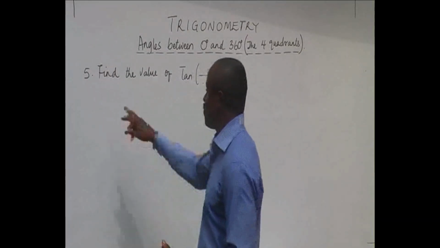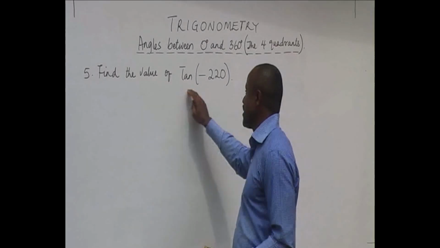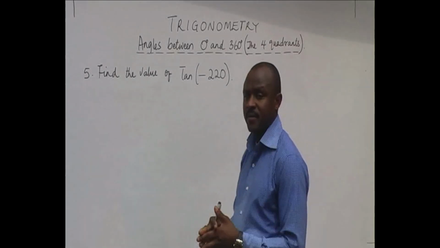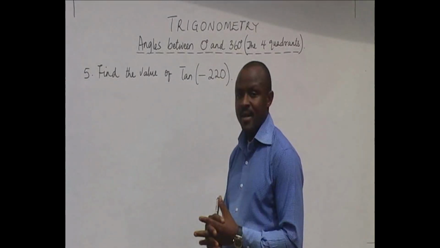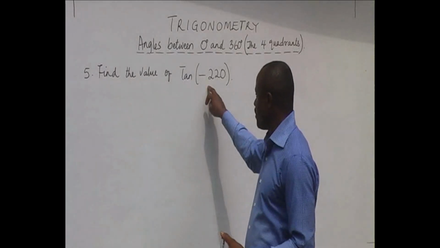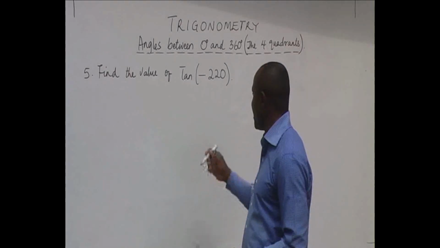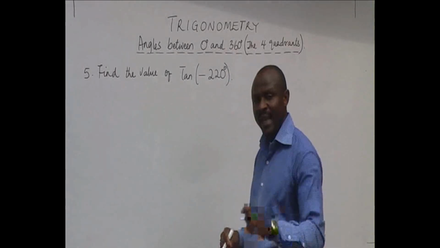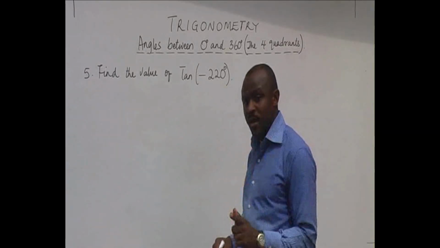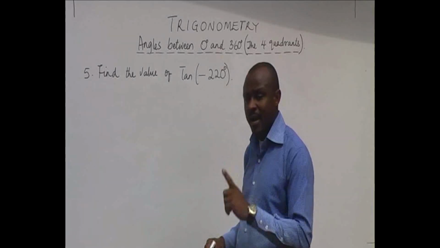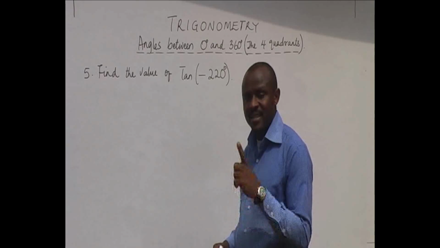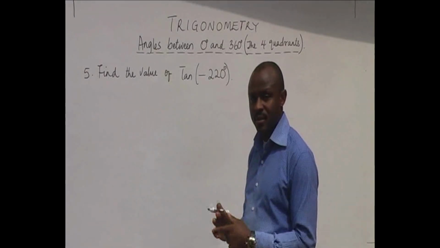Question number 5 said we should find the value of tan minus 220. This is a different concept, a different arena. The value of the angle is given in negative. Any negative angle given to you, the first thing you do is to convert it to a positive angle. And converting it to a positive angle is subtracting it from 360 degrees.